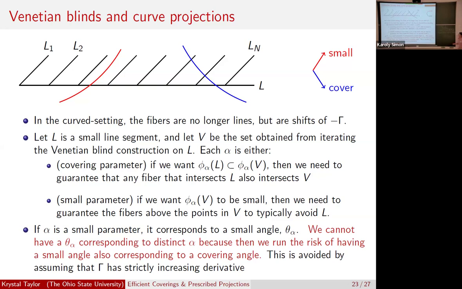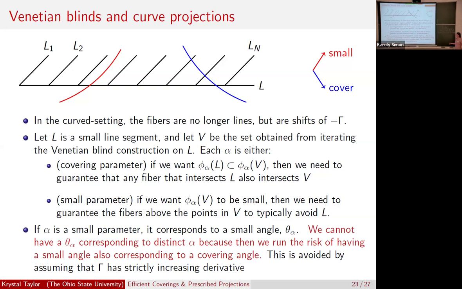If alpha is a small parameter, it corresponds to a small angle theta sub alpha. As we said, we're going to use this idea that locally these maps C sub alpha behave a lot like orthogonal projections, right? Each alpha gets one-to-one corresponding to some theta sub alpha. We cannot have a theta sub alpha corresponding to distinct alpha. This would be a problem if this was not a one-to-one correspondence.